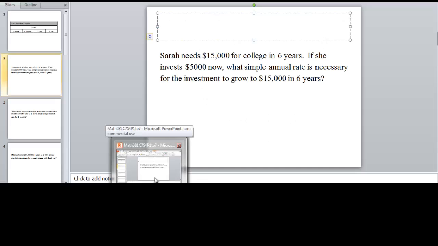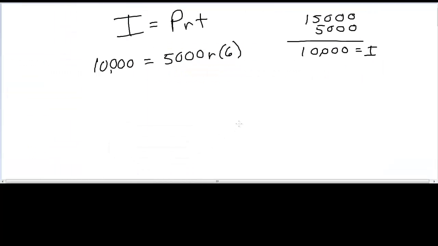So I've put in all the important information. And again, the annual interest rate is what we want. I can simplify my right side and say 5,000 times 6 will give me 30,000. So now I have 30,000 times R. Solve for R. I'll divide each side by 30,000.